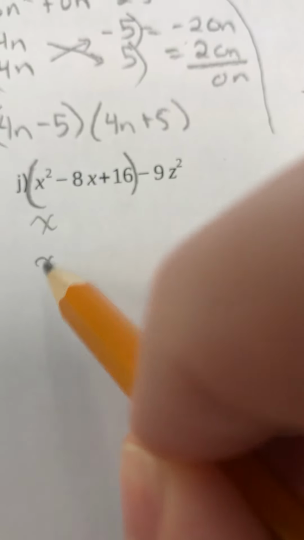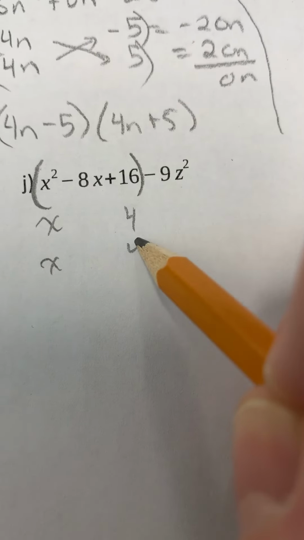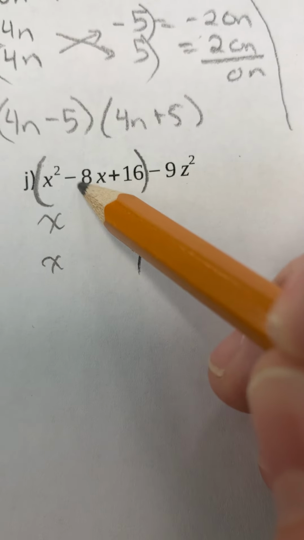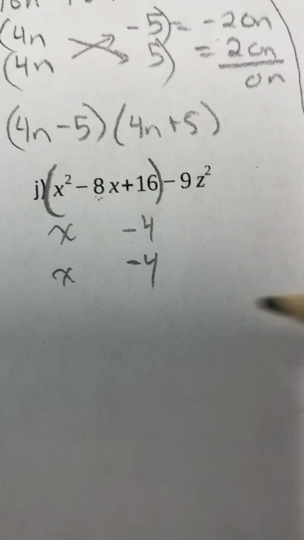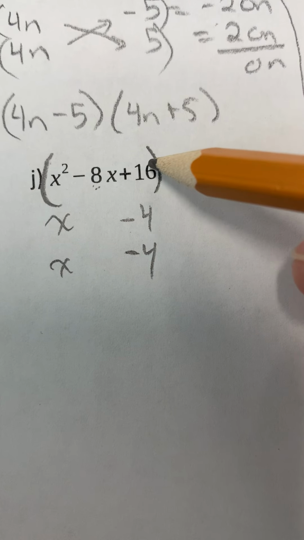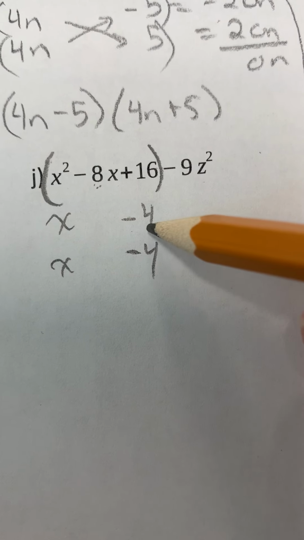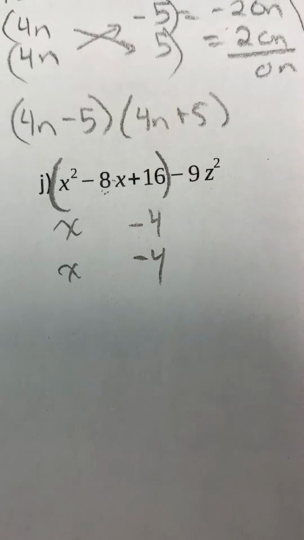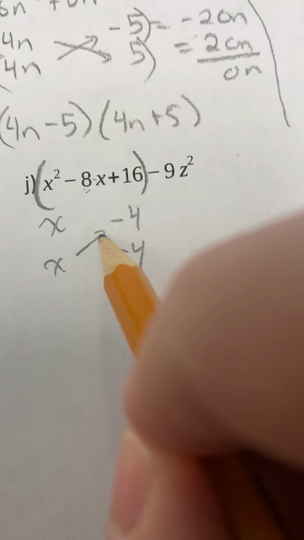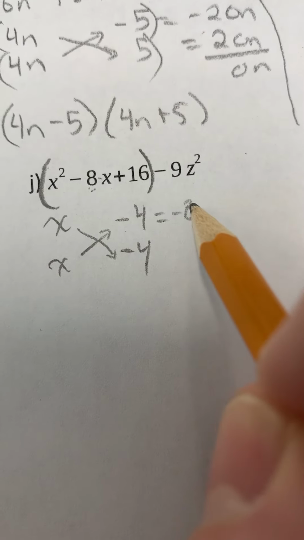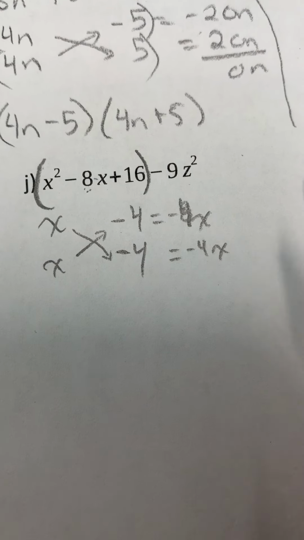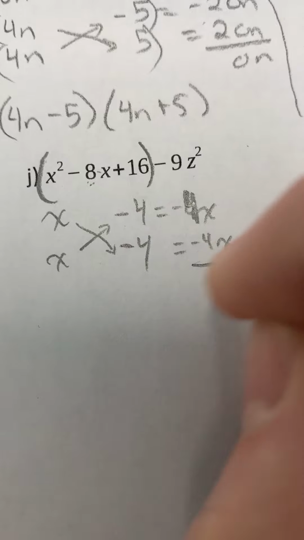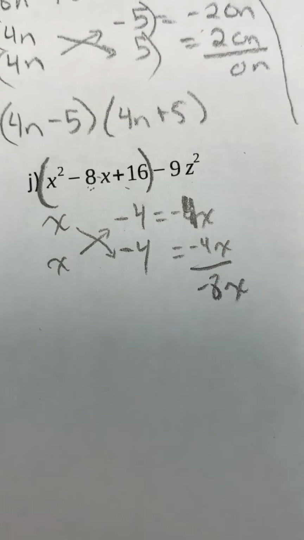So break down the first term, x and x, then 4 and 4, but we have to get to a negative 8. So this should be negative 4 and negative 4. Since negative 4 times negative 4 is 16, and negative 4 plus a negative 4 is negative 8. So if you cross multiply these, you get negative 4x and negative 4x, which is negative 8x, so it matches.